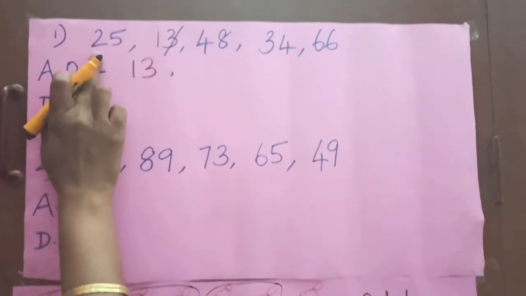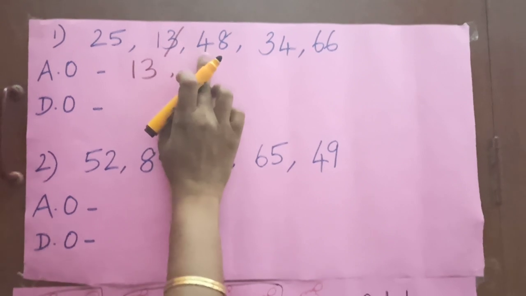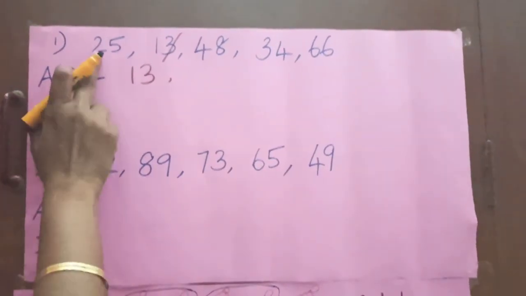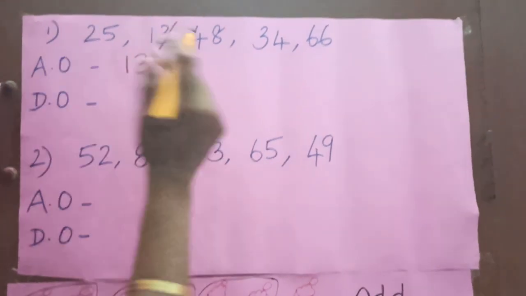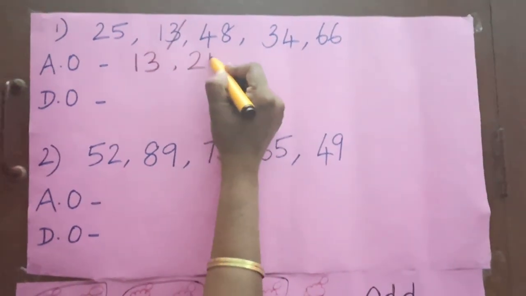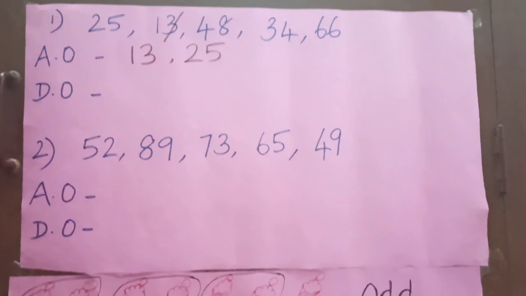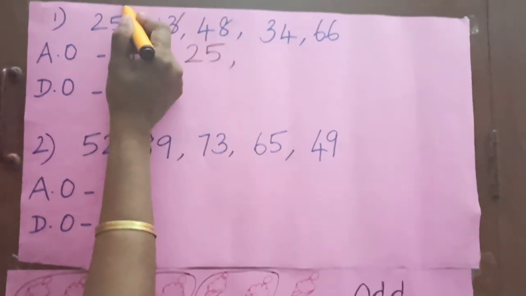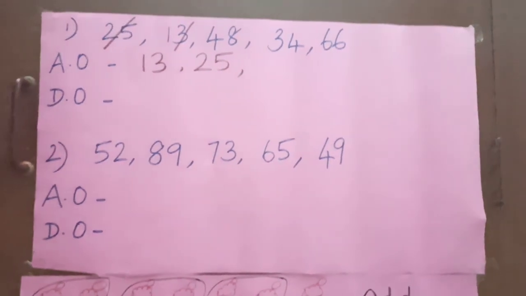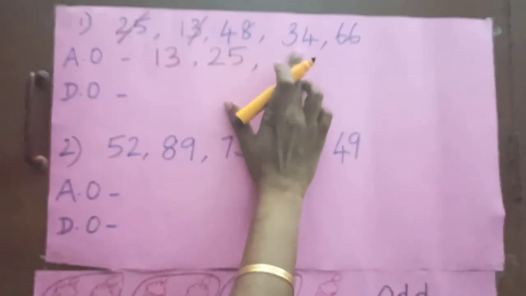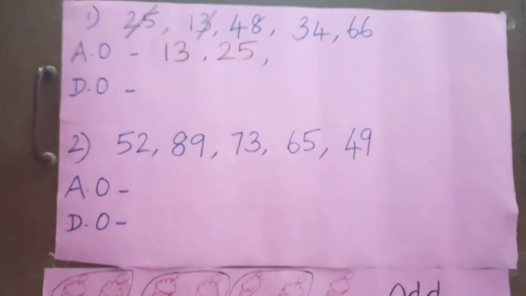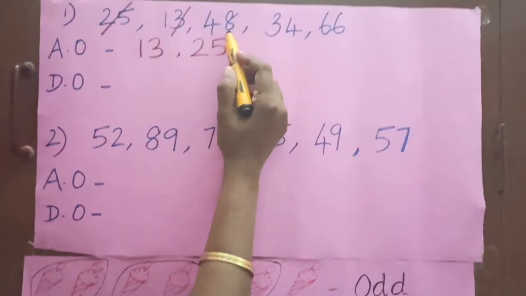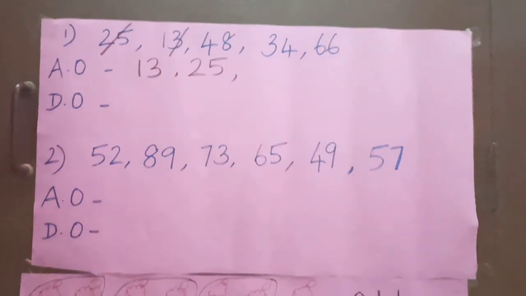See here, tens place is 2. Here tens place 4. Tens place is 3. Tens place is 6. Which is small? 25. Am I correct? 25 has to come. Ascending order means small to big. Next, I have to strike out this 25. Next, 48, 34 and 66.